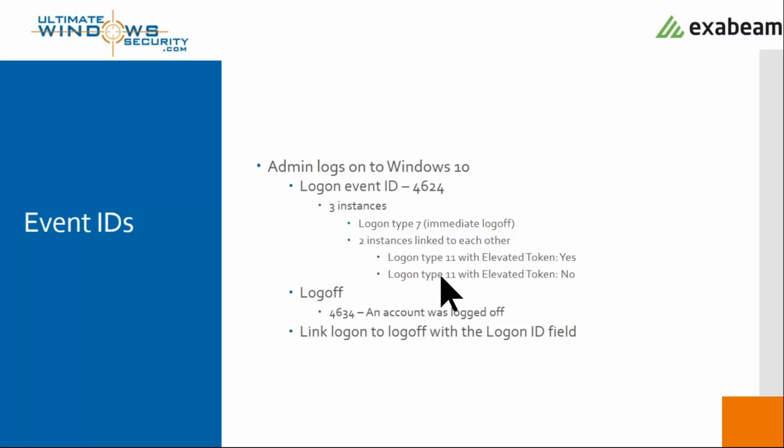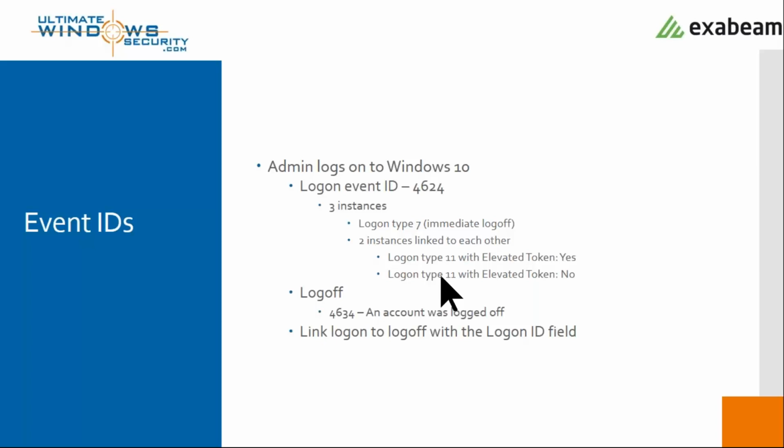It looks really weird in the log when a local admin logs on. You're going to see 3 instances of 4624, that is the logon event, in rapid succession. You're going to see a logon type 7, which means workstation unlocked, and an immediate log off for that one.